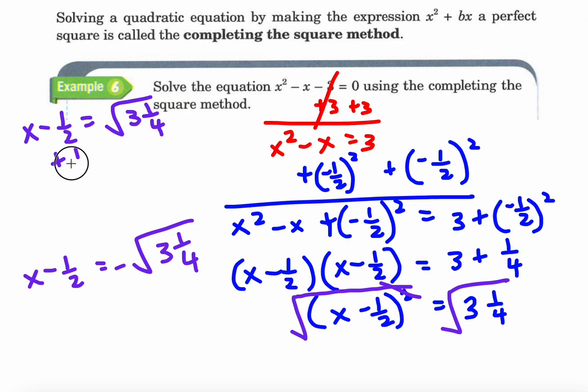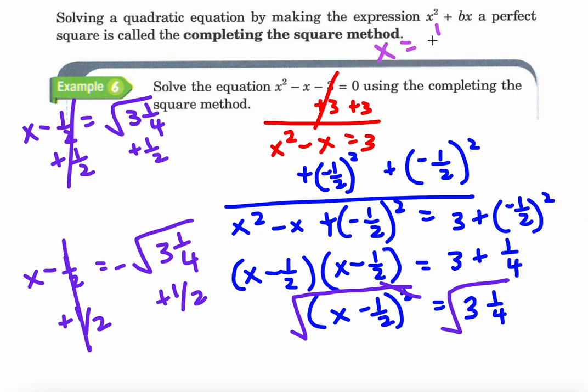My first one can add 1/2 to cancel, second one as well. So I end up with x being equal to 1/2 plus square root of 3 1/4, or 1/2 minus the square root of 3 1/4.